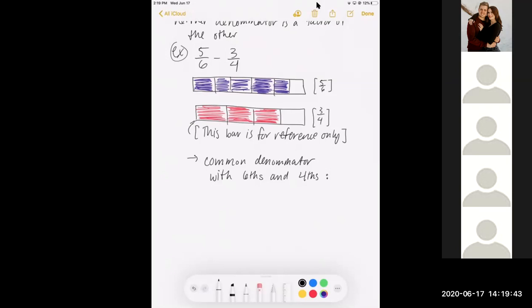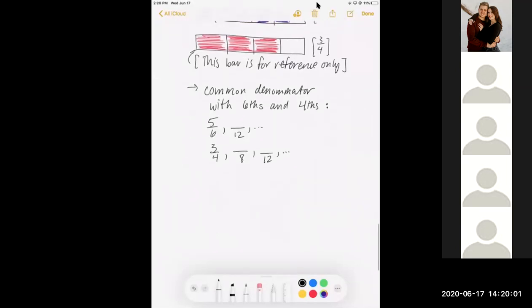And so we do our 5/6 here. We kind of list them out: 12ths and so on. We also have our 3/4, some number of 8ths, some number of 12ths. So that's good that it didn't go very far there. Okay, so our 12ths are a common denominator.